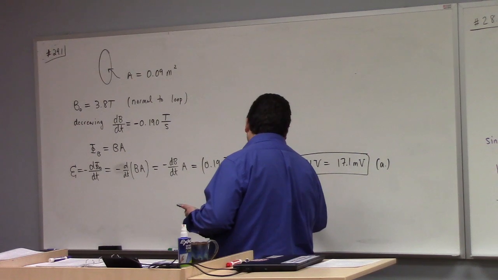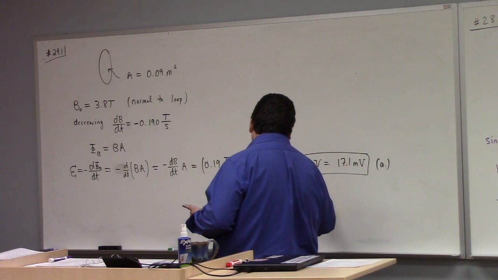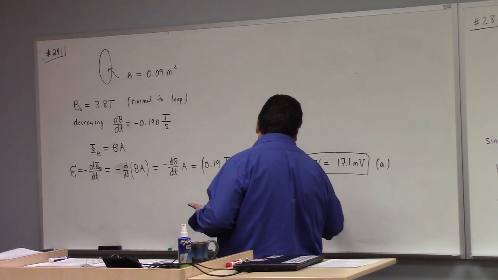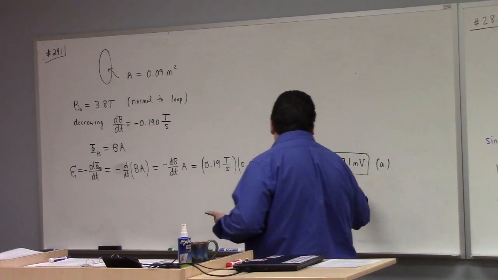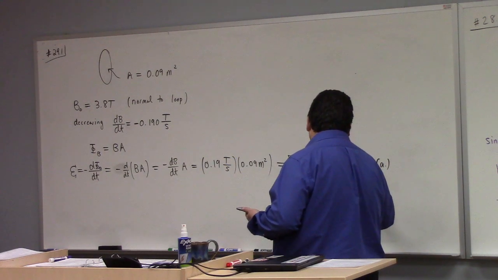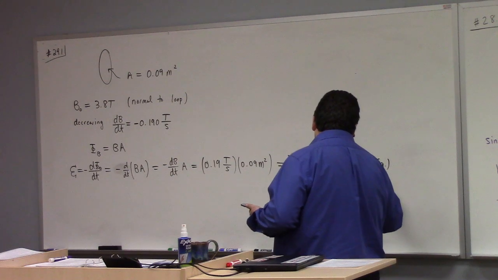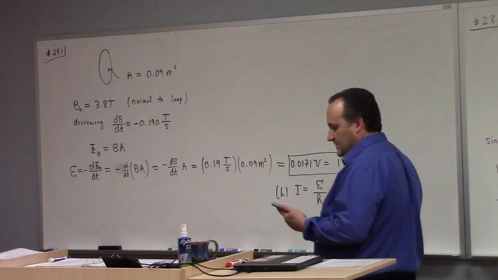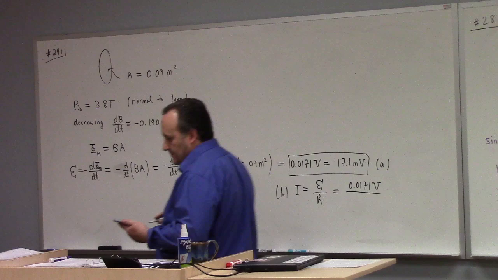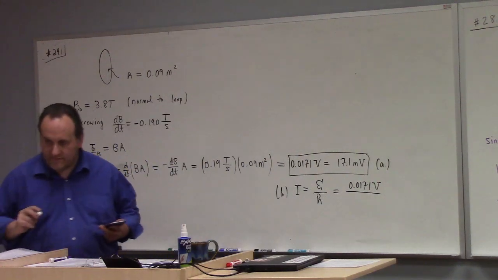For part B, we know that the current is equal to the voltage divided by the resistance by Ohm's law. So that's going to be 0.0171 volts divided by the given resistance in the problem, which was 0.6 ohms.